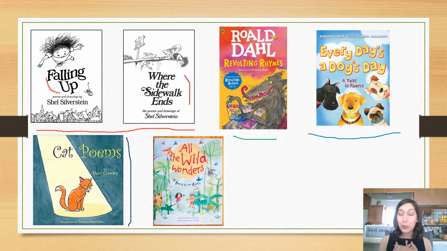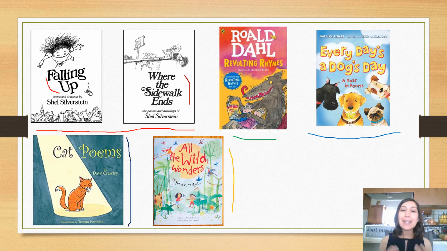So I could almost create a poetry book about cats as well, with Kiki being all the different types of poems I created about her. And then here's another one that's called All the Wild Wonders. And it's about different ideas and different places on Earth. So we see how these covers can have different looks, different themes, different ideas.